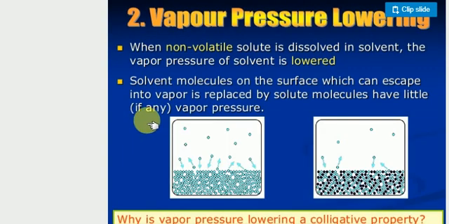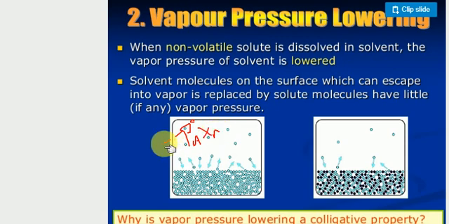Here only pure solvent molecules are there, with pure vapor pressure P naught. P naught A into the mole fraction of A. Clear?